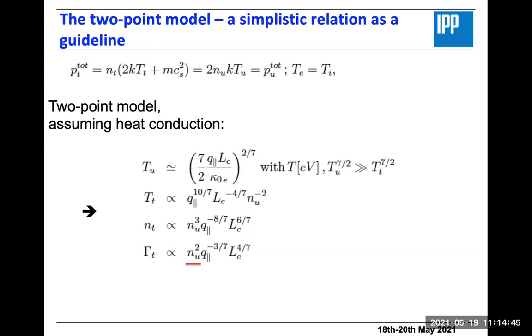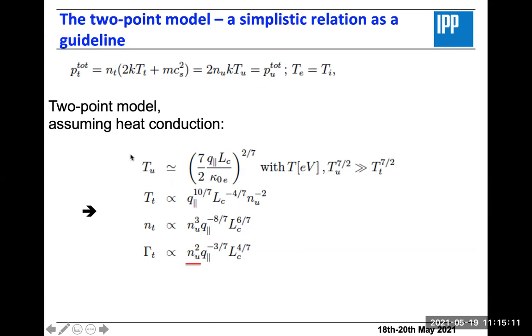If we use this two-point model, based on pressure conservation and the Spitzer-Härm power flux to the target, and you assume that the plasma flows with Mach speed, so with sound speed, to the target, then you can come up with these relationships.